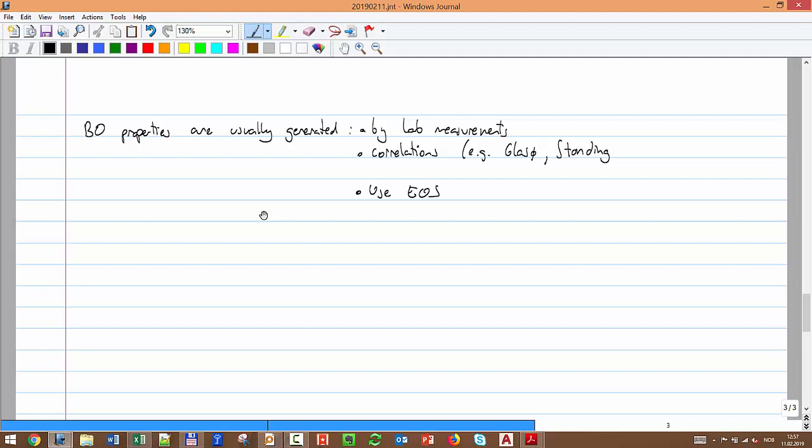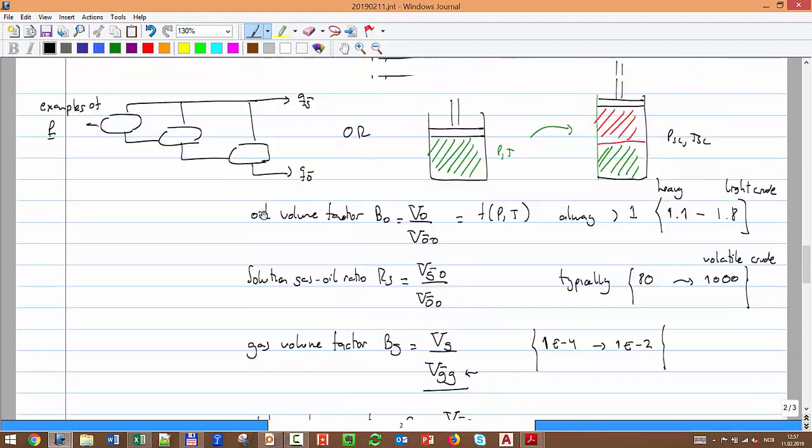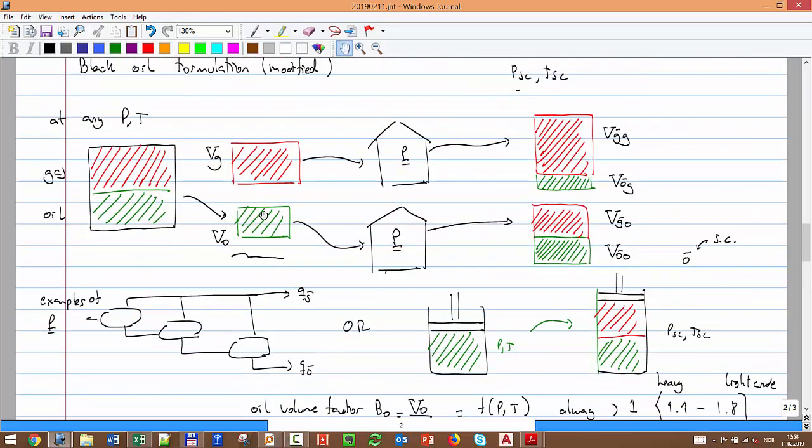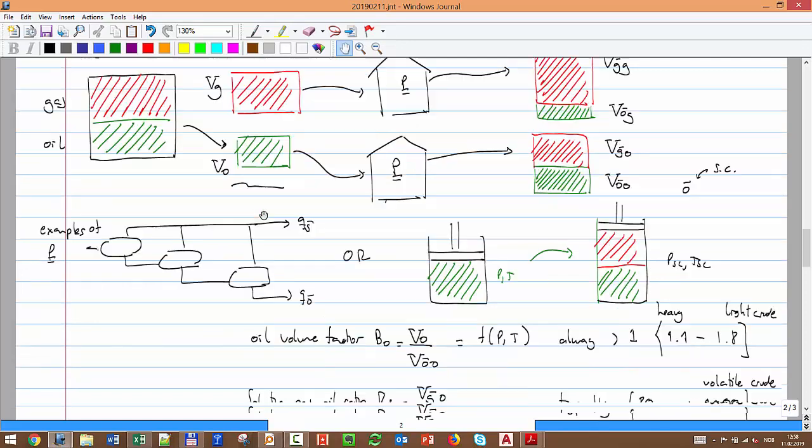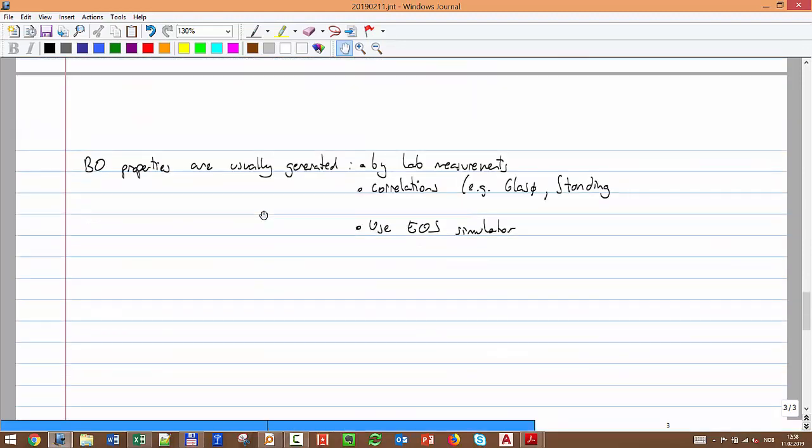You can use an equation and a simulator to produce that for you. You take your mixture at any pressure and temperature, separate and calculate these volumes. Calculate the ratio. Then change pressure and temperature, calculate again the volumes, calculate the ratio, and repeat for many, many calculations.